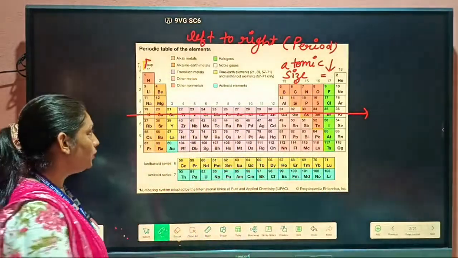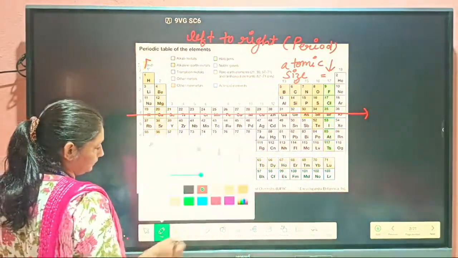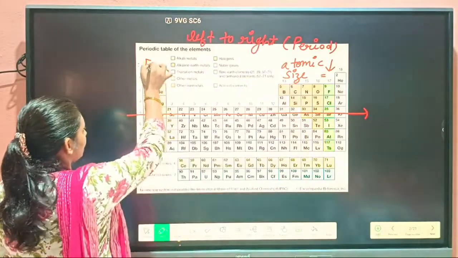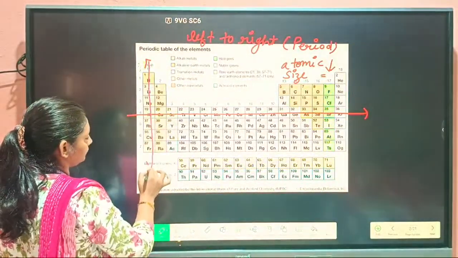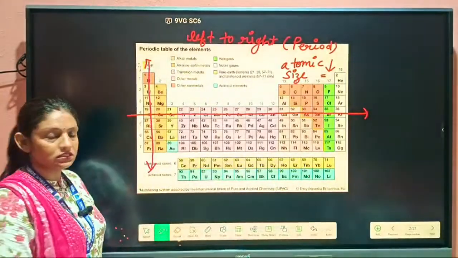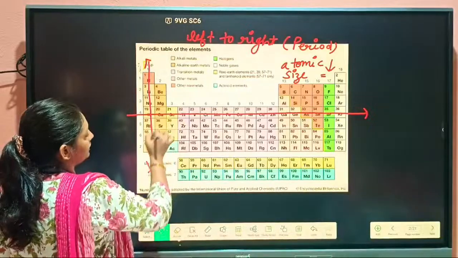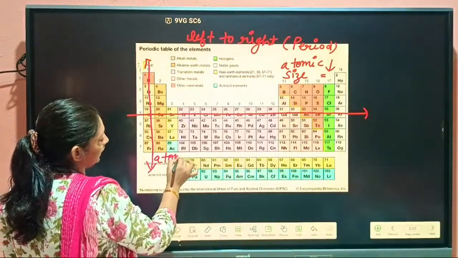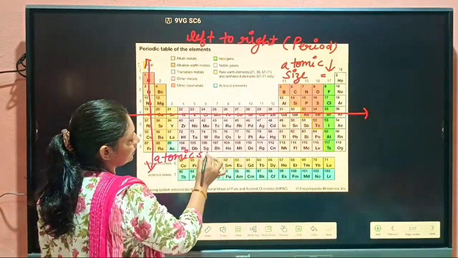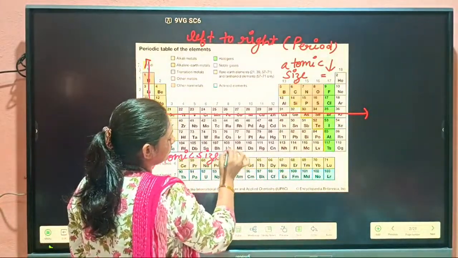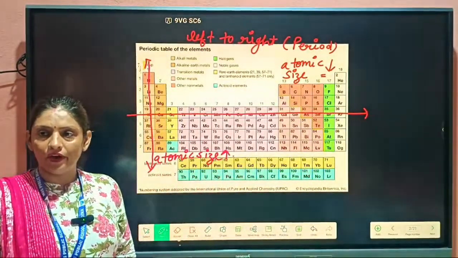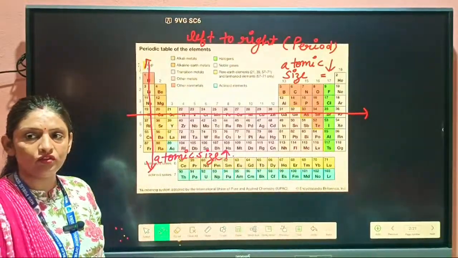And when we move top to bottom, that means in a group, generally atomic size increases. Why does it take place? Now we will see it.